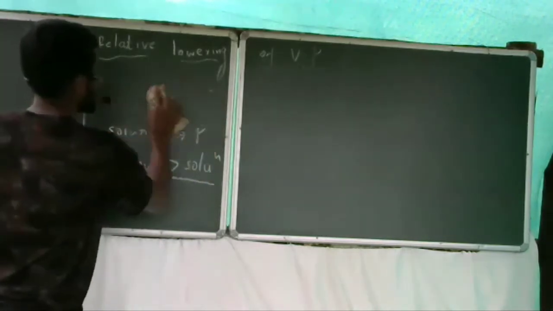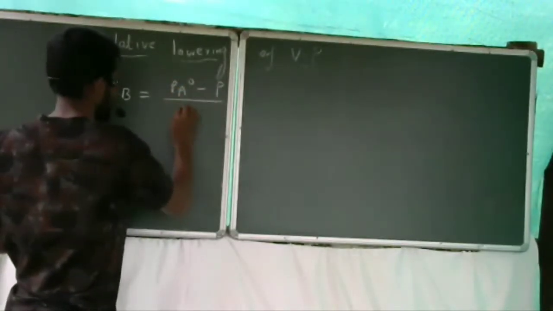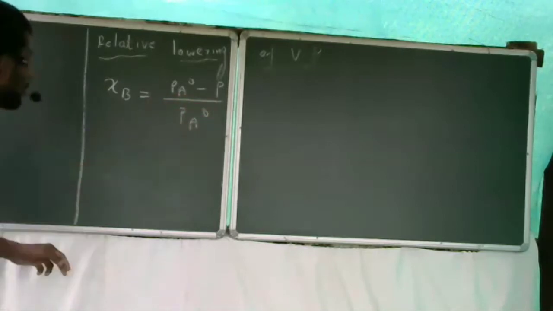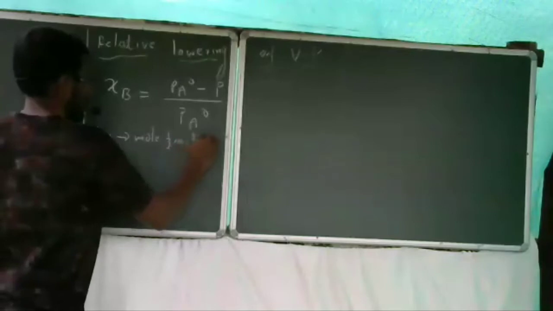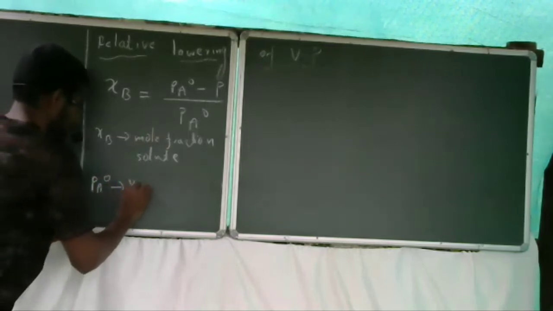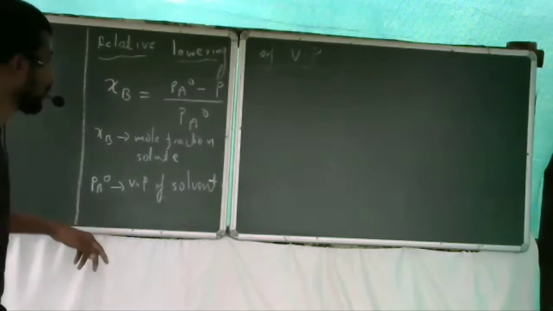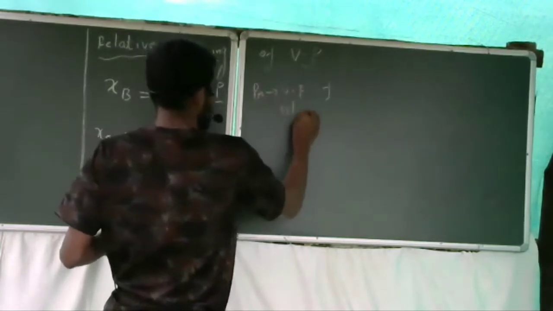Then last class we discussed one derivation, right? That is the final expression: xi b equal to (Pa naught minus P) divided by Pa naught, where xi b is the mole fraction of solute, Pa naught is the vapor pressure of the solvent, and P is the vapor pressure of the solution.